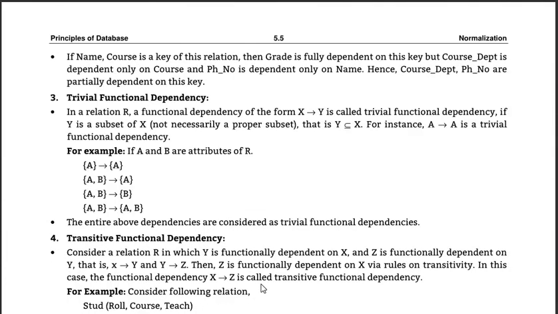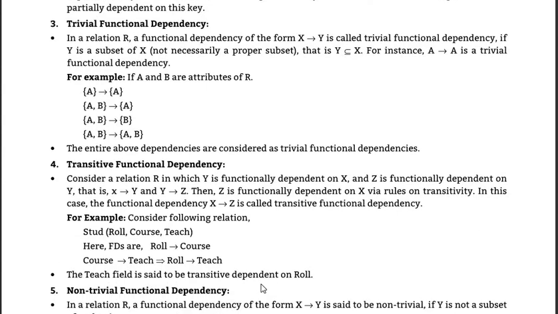Now the next one is trivial functional dependency, the third type. Consider a relation R. A functional dependency of the form X determines Y is called a trivial functional dependency if Y is a subset of X. Are you getting it?